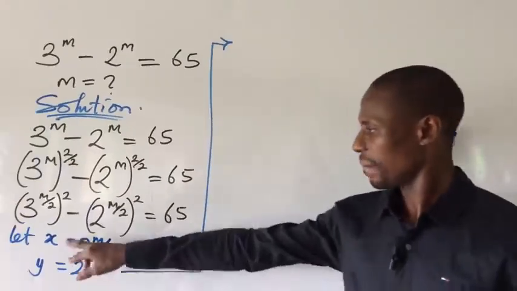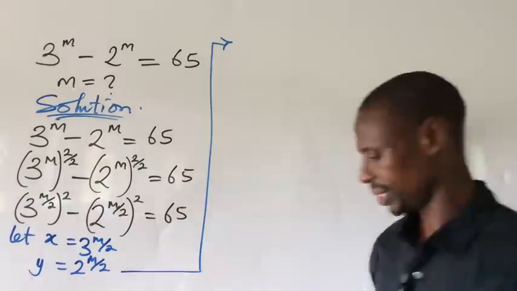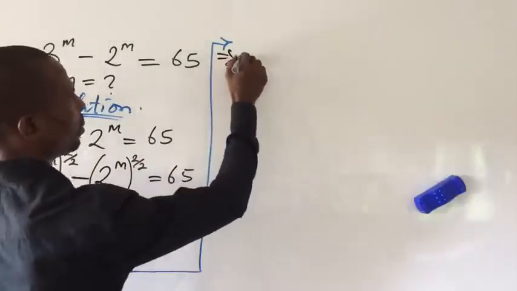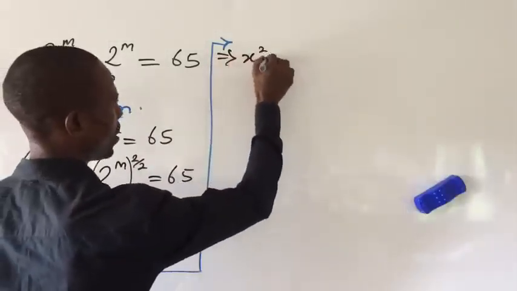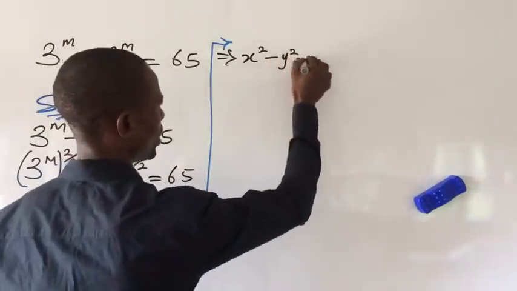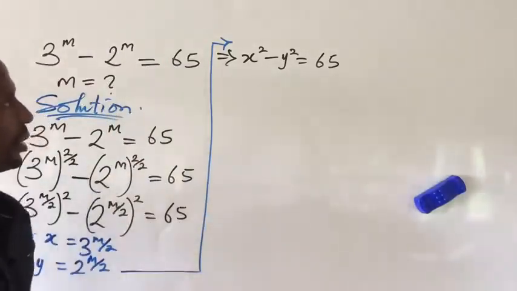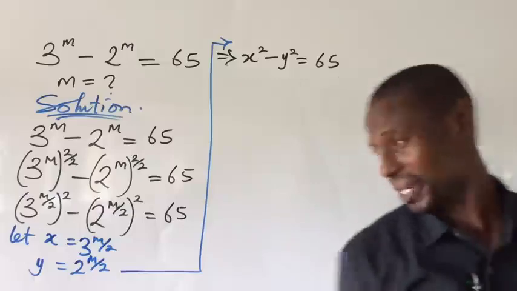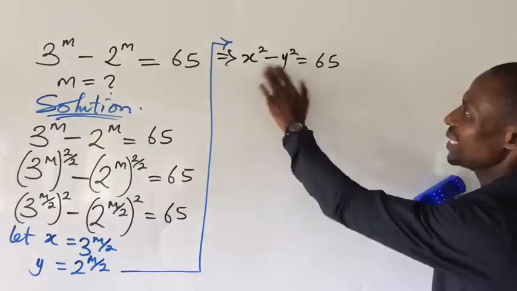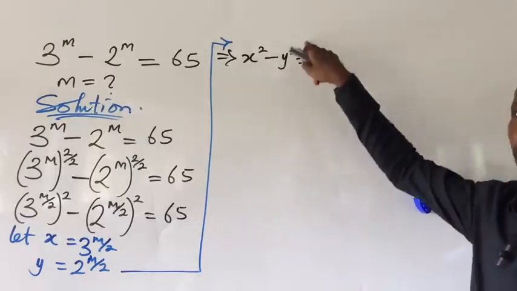So let's go ahead and put this x into here and y into this position. If we do that, we're going to have x squared minus y squared equal to 65. Wow, the game is playing out now. All right, now let's look at this again. Here we can apply the difference of two squares because we are having x squared minus y squared.